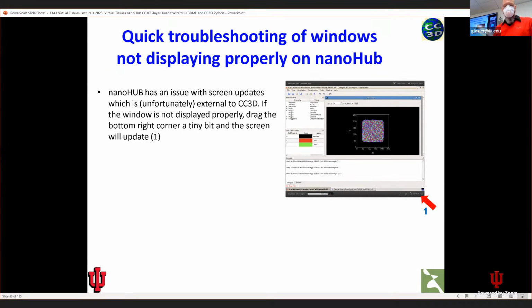One thing you may find with nanoHUB is that occasionally it will get stuck. There's an X11 bug where it doesn't redraw the screen properly. If that happens, drag the X11 bounding box and move it a little bit, and it'll force a redraw. Nobody said my screen doesn't make sense, so I guess nobody's run into that. But if that happens, you can just toggle the corner.